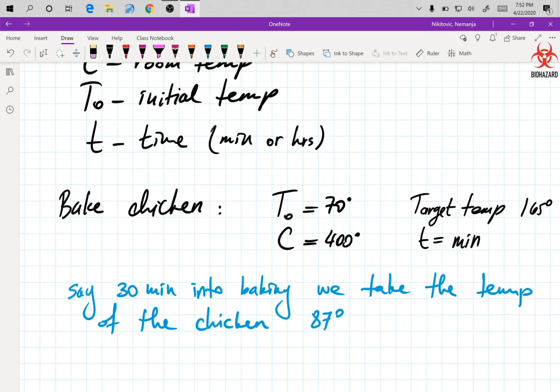So they all have different properties. When all of those factors mush together, they will make the chicken bake longer or faster, right? Longer or shorter. And we need to know that K.